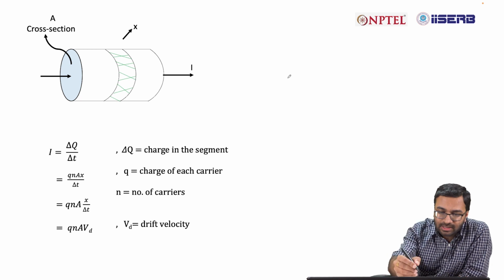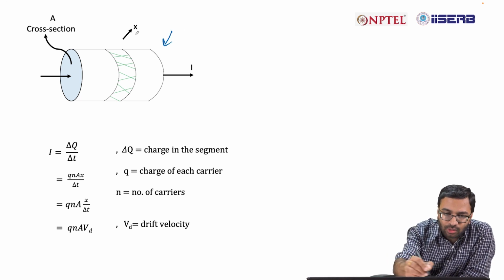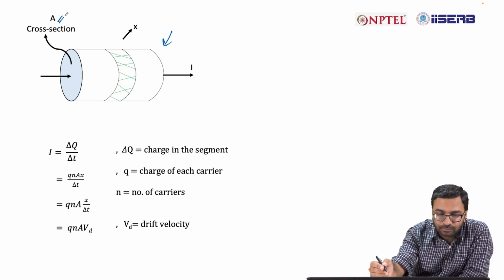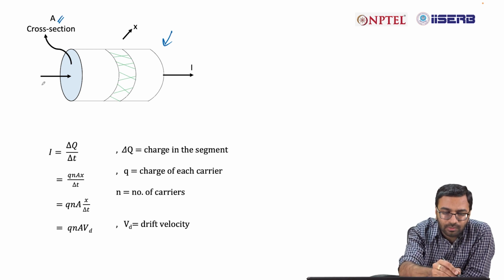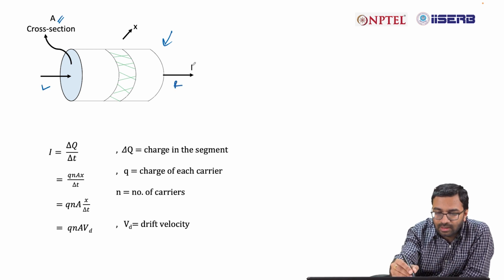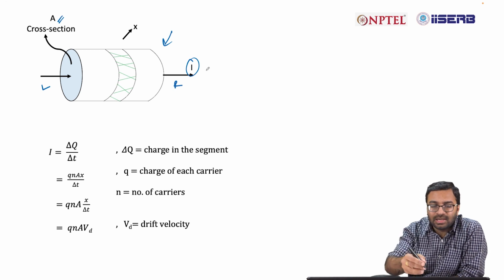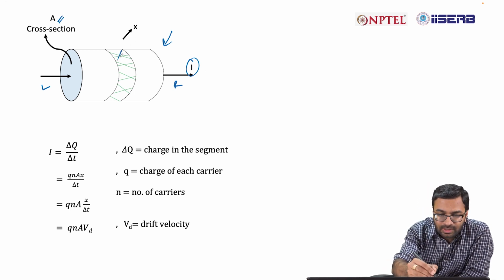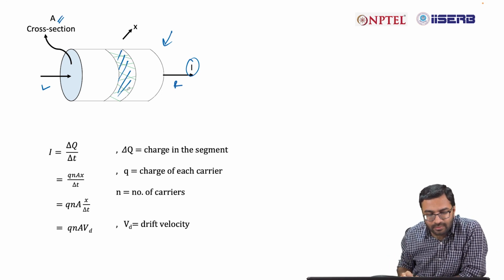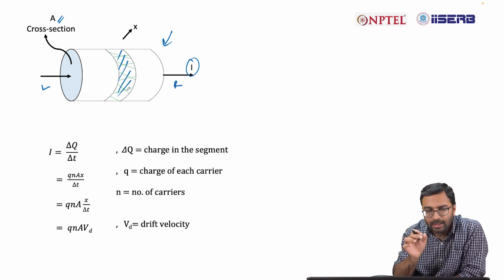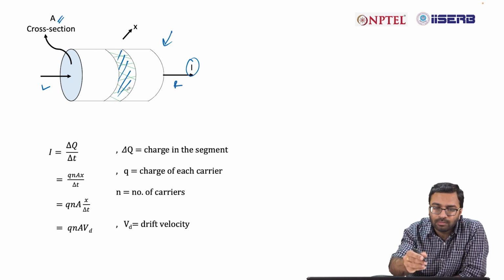Say you have a cylindrical conductor, it has a cross section area of A and current is flowing from left to right, and this is the value of current I. In this conductor, we have taken a small area or small volume x.